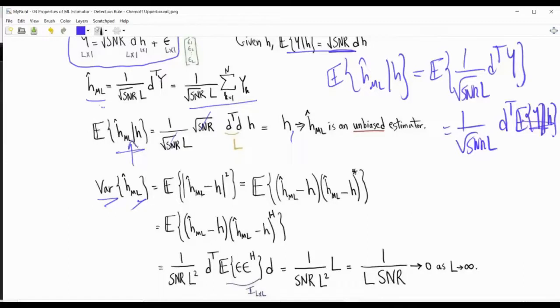So in the previous step, we showed that the estimator has a mean value of H. So subtract the mean value from the estimator, take the magnitude squared, and so apply expectation. Now it's very important, I have seen this in the homework, sometimes some of you have a complex quantity and you deal with it as a real quantity, which is very dangerous, right?